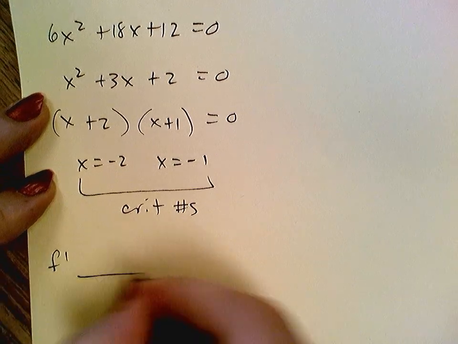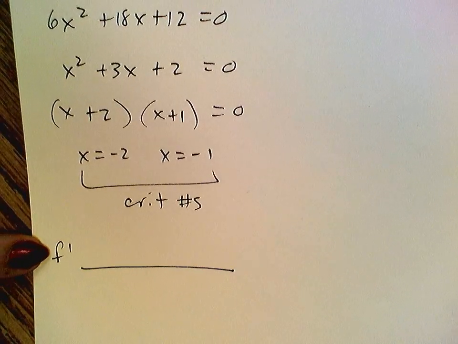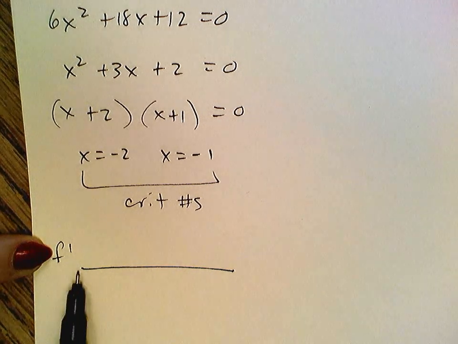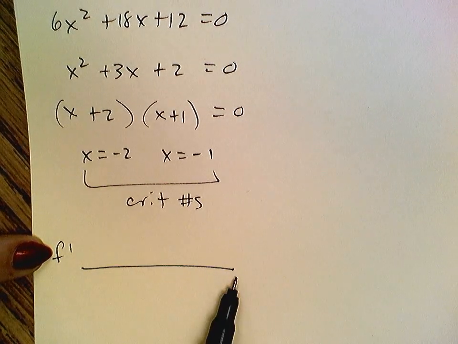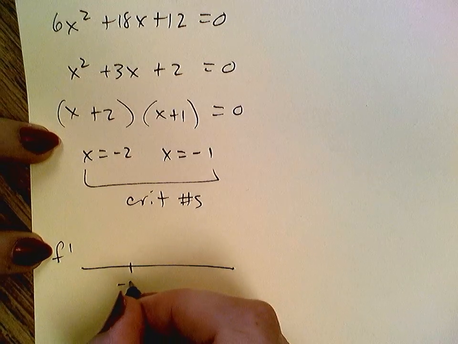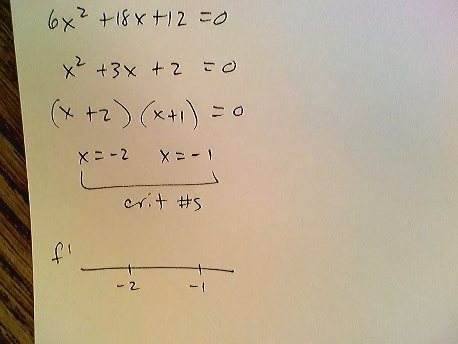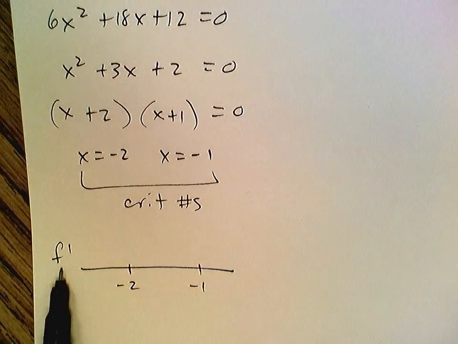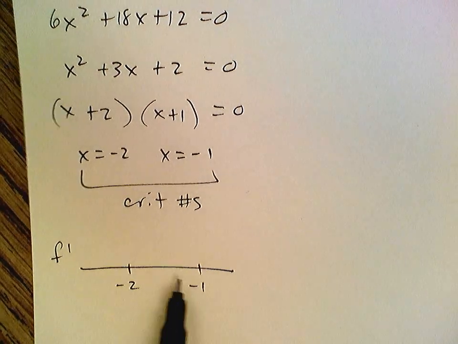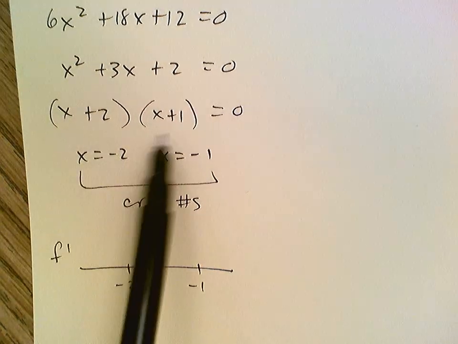So I do a number line. Notice how I'm writing f prime on this number line because these values are inputs for f prime. Okay, so negative 2, negative 1. So since this is an f prime number line, I am plugging these testing point values into f prime.